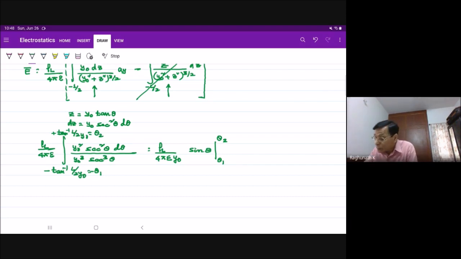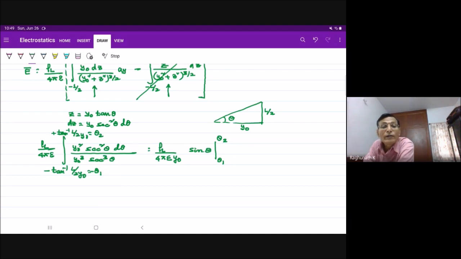My substitution itself told me that z is equal to y naught tan theta, so tan theta is, don't worry about a_y now when we are discussing the limits, L by 2 y naught, correct?